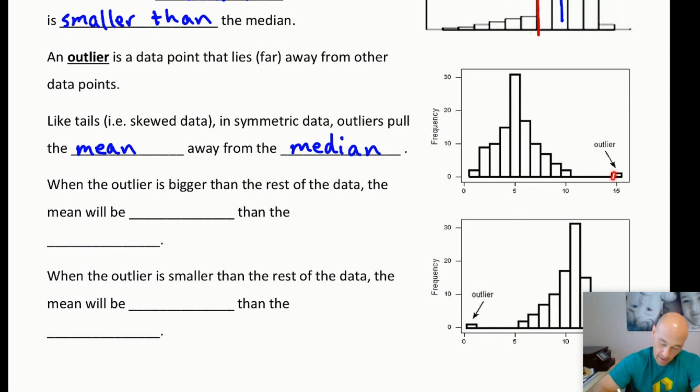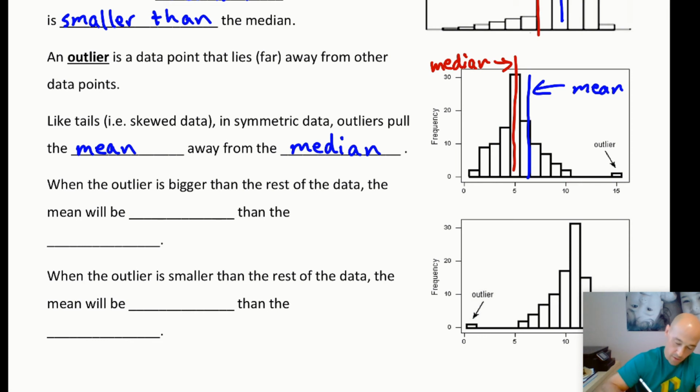When the outlier is bigger than the rest of the data, the mean will be like right there. Well, maybe not that far. Maybe right there. It's the mean, and it will be pulled away from the median. So the mean will be bigger than the median.